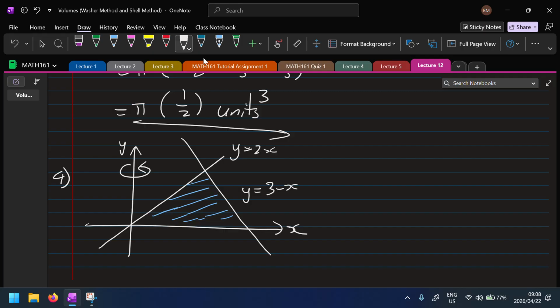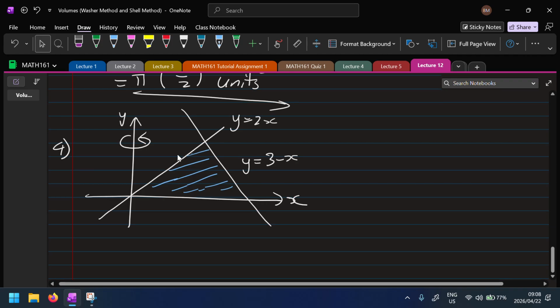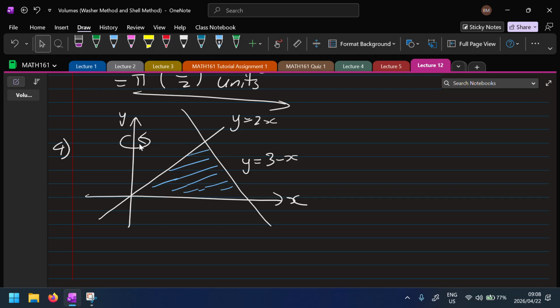So let's work out some things first. We're rotating around the y-axis, so we're going to go from the bottom of the shape to the top of the shape. We need those y values. The bottom of the shape is pretty easy, y equals 0. But for the top of the shape, we need to find that intersection point.